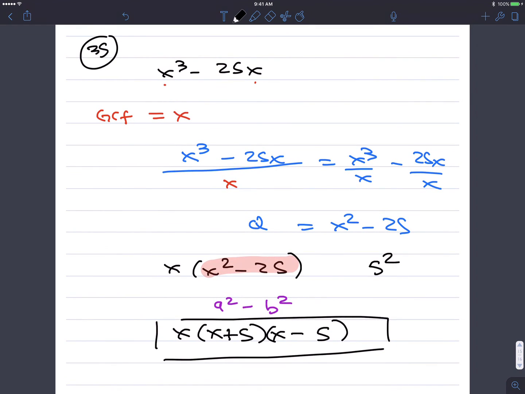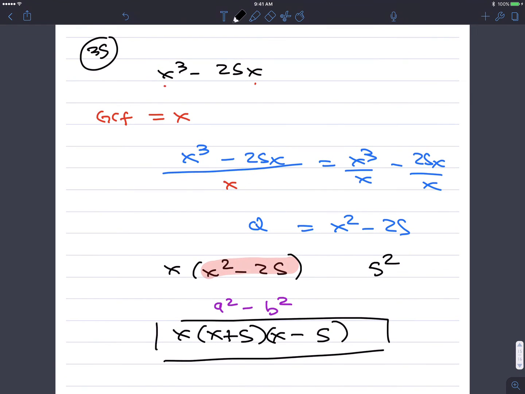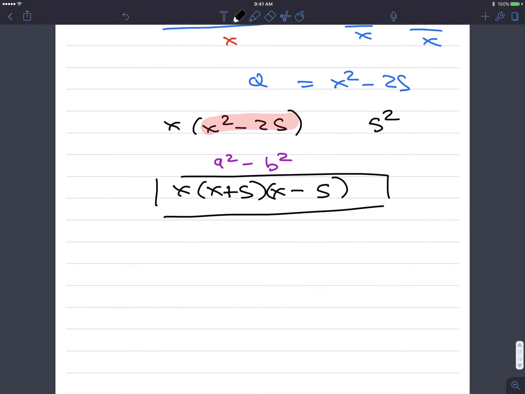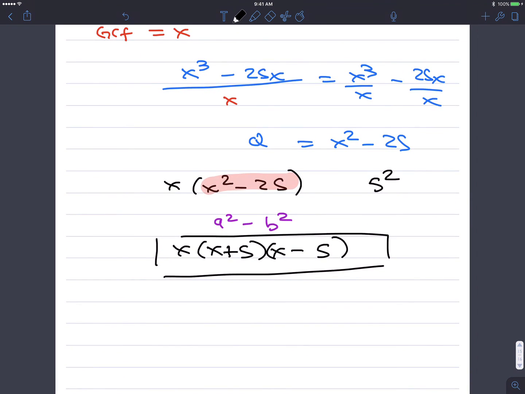Good. That's 35. Anybody have any questions on 35? For the ones with perfect squares, you could just put x minus 5 to the second power, right? No, be careful. It's a good question. You see this difference of perfect squares? Your signs must be plus and minus. Don't put the power 2.